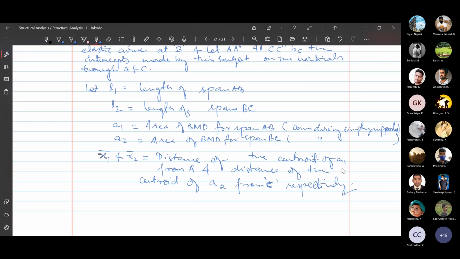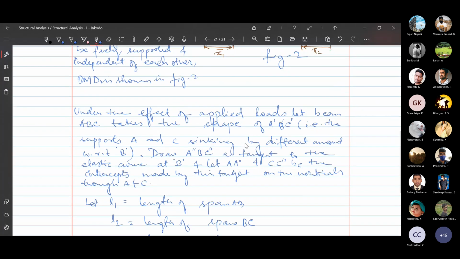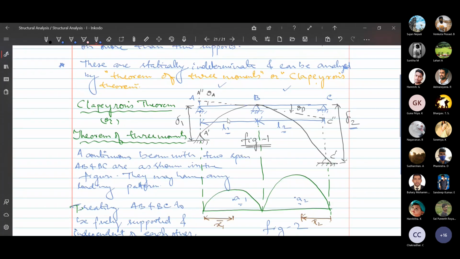Now what else do we need? We need the flexural rigidities of these two beams. Let us say the flexural rigidity of this beam is E1 I1 and of this beam is E2 I2.